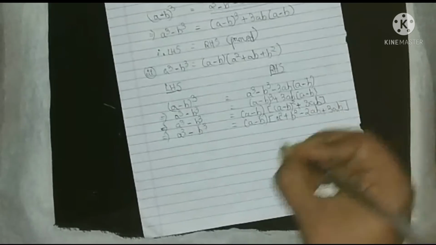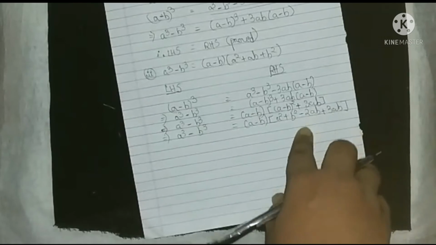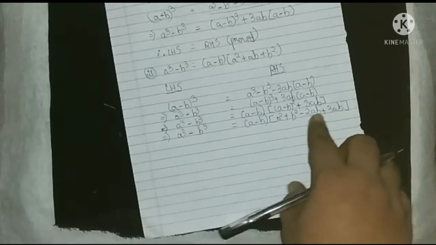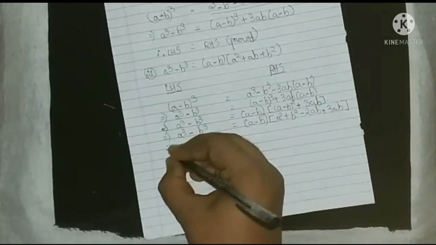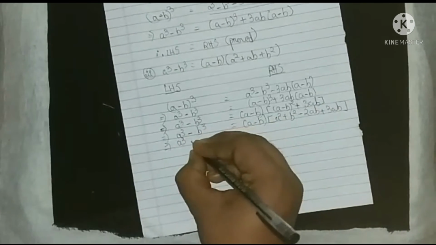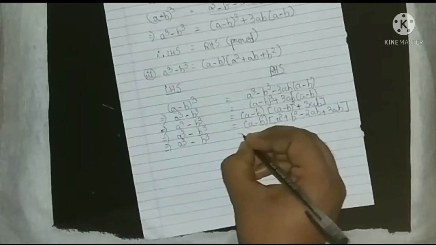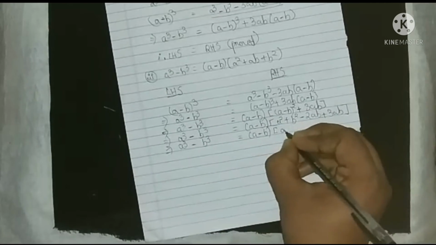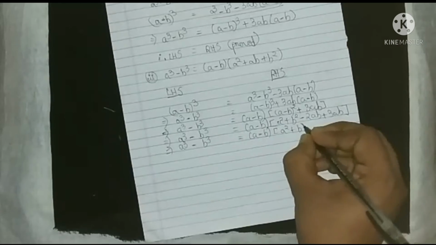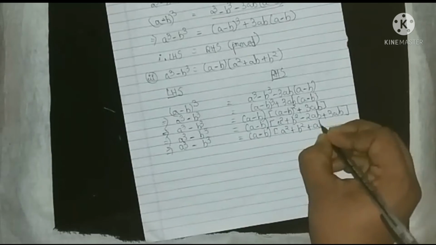Now we got two terms here common, ab, ab, so we have to do minus 2ab plus 3ab. Now a cube minus b cube is equal to (a minus b) whole into (a square plus b square plus ab).